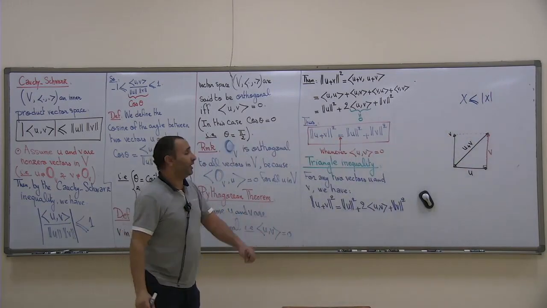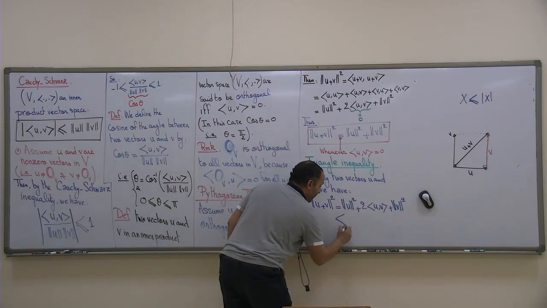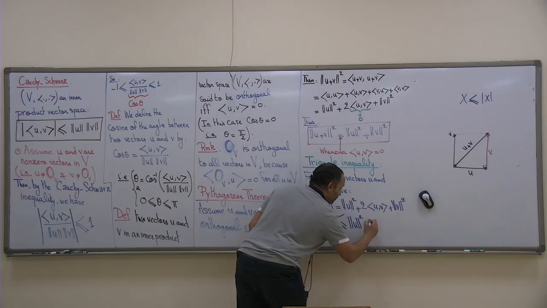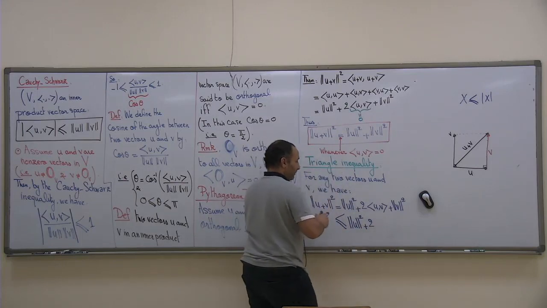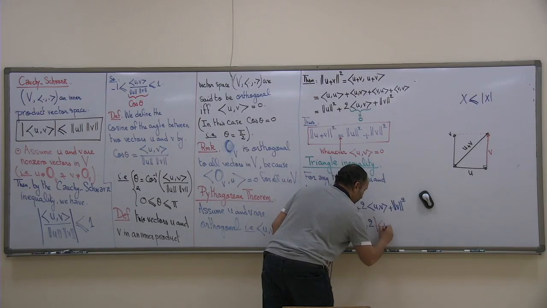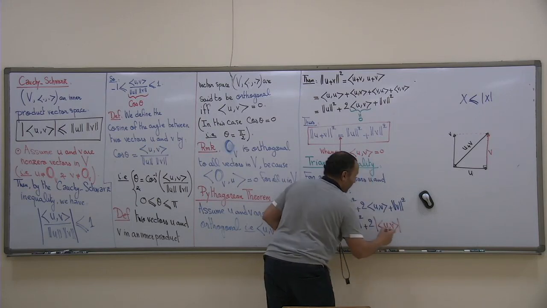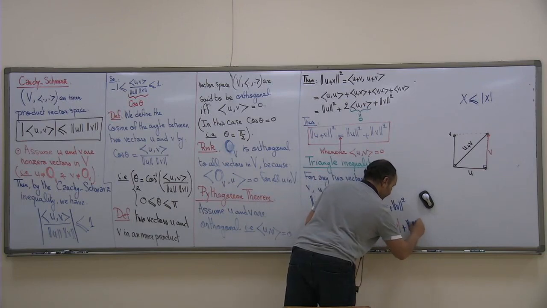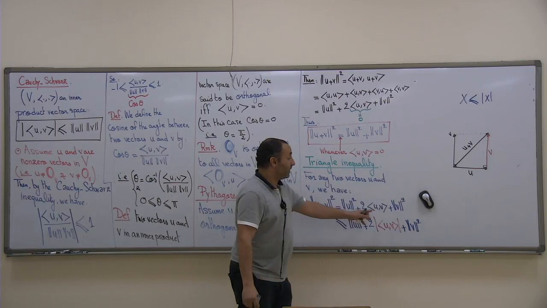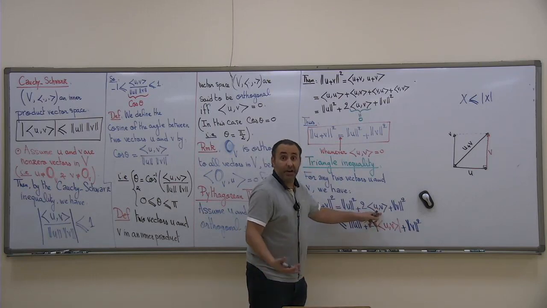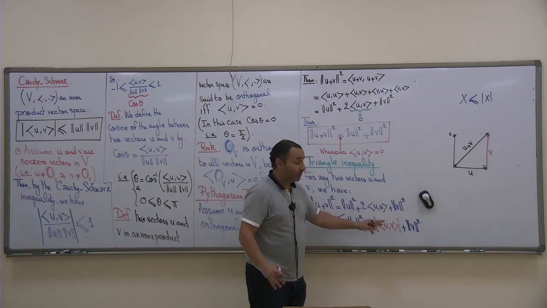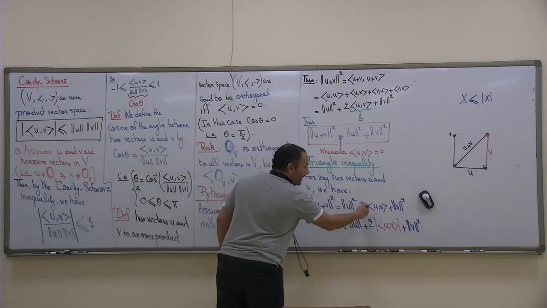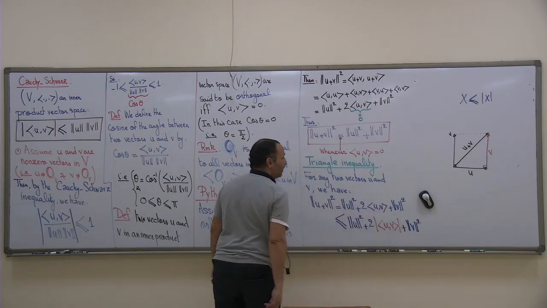So I'm going to say this is less or equal to the norm of u squared plus 2 times the absolute value of the inner product uv plus the norm of v squared, because the inner product uv is a real number and is always less or equal to its absolute value. That is an easy trick.